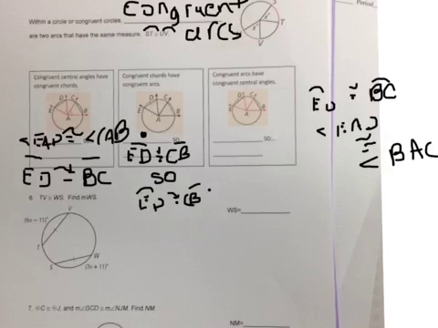So basically, if you have central angles, those are angles that come out of the circle, and you know a piece, either the angles are congruent or some other piece is congruent, it basically means all these things are equal. If I have equal angles, I have equal arcs, I have equal chords. And if I know any one of those things is marked equal, then I know the other two things are equal. So that's kind of what they're trying to say in these boxes here.